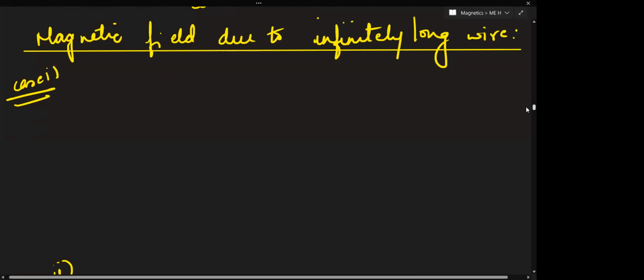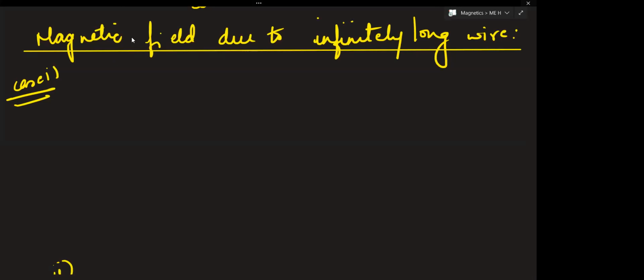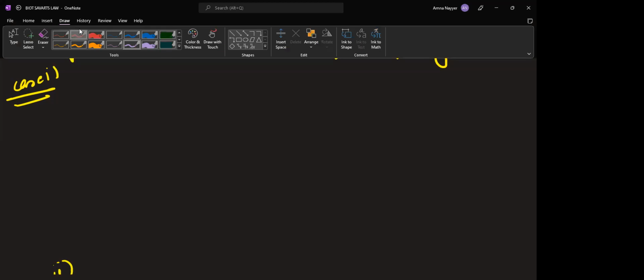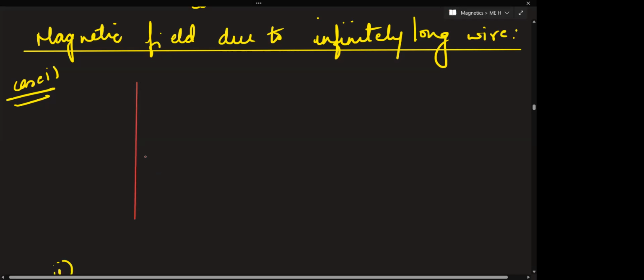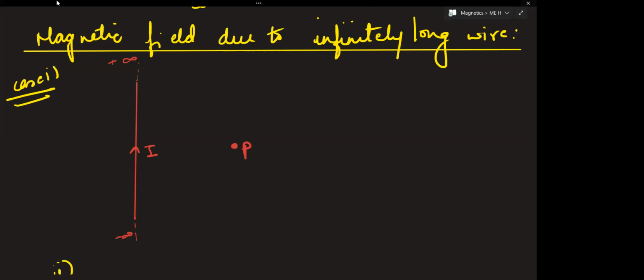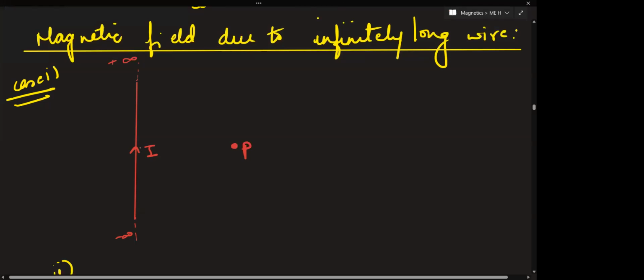See what is meant by this. Magnetic field due to infinitely long wire. This is a wire, current I is flowing. This is extending from plus infinity to minus infinity, meaning this wire is completely extending to infinity. There's a point P that I have chosen. This is the separation.